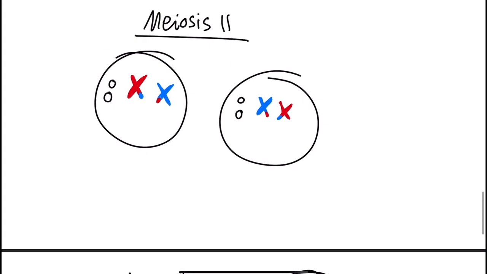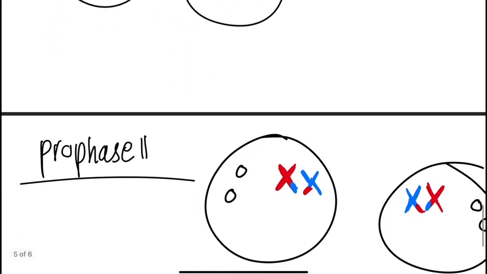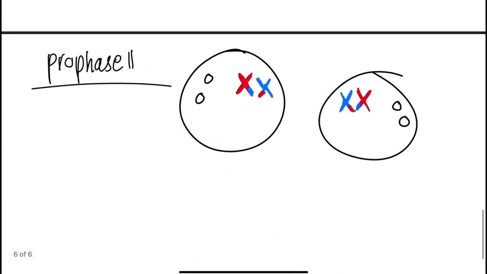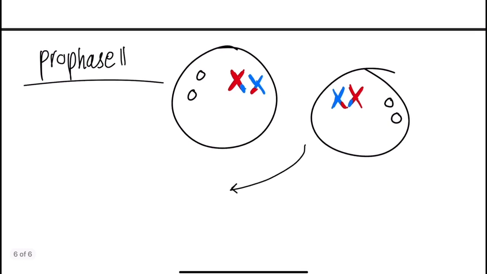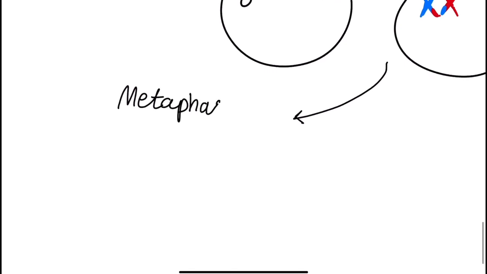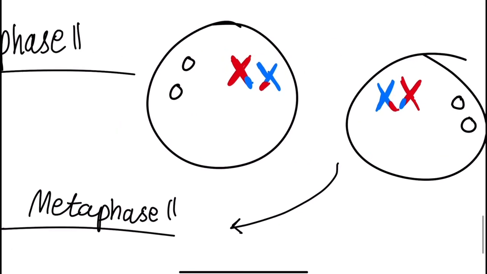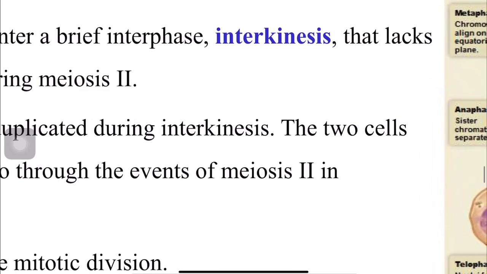So now, getting ready for prophase, they're not going to do crossing over, but they're going to move to the next stage, which is metaphase. Here is more about interkinesis.